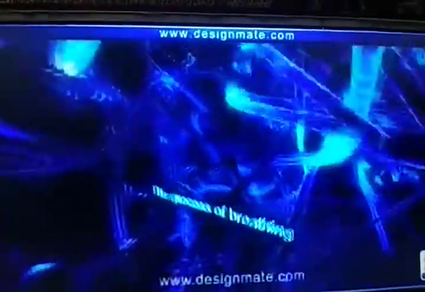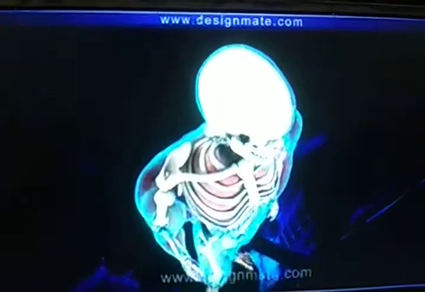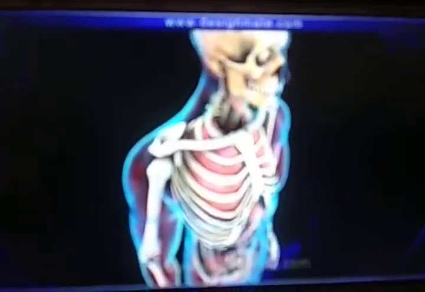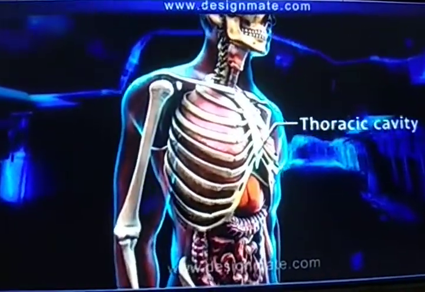Now we'll discuss the respiratory system, to understand the process of breathing, which is also very important in your course. See, in humans, the main organs responsible for respiration are present in the thoracic cavity.